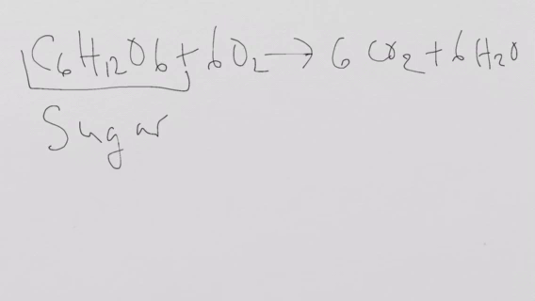Sugar is your fuel. What is your oxidizing agent here? The oxygen you inhale, right? Here's your oxidizing agent. Now, your ignition temperature is fairly low in the body. Your ignition temperature ends up being about 37 degrees Celsius because this is happening inside your body. Okay? So all three of these important items in the triangle of fire are present here.